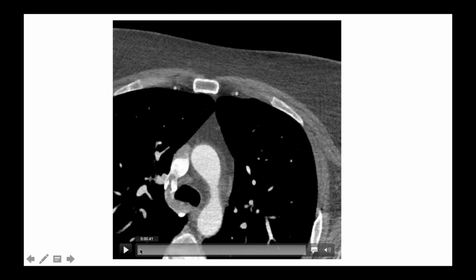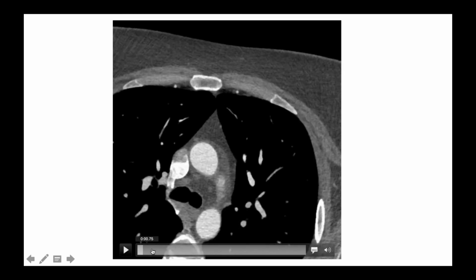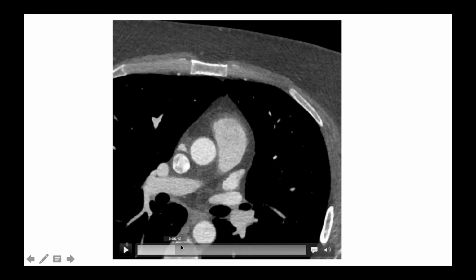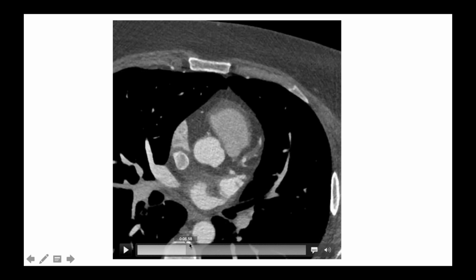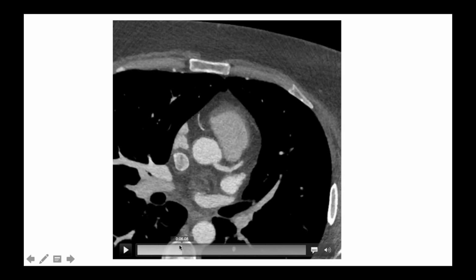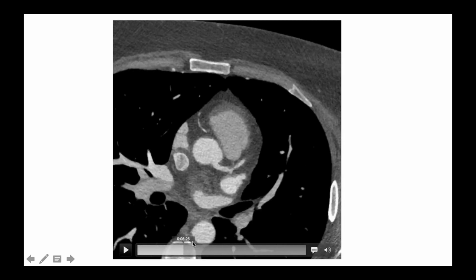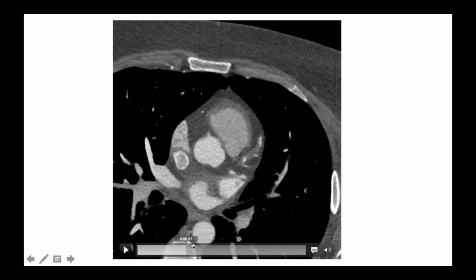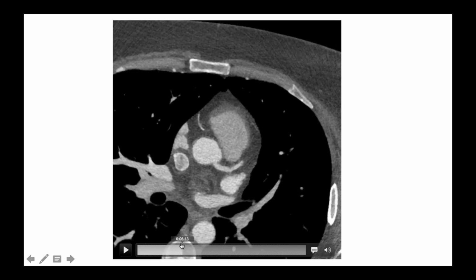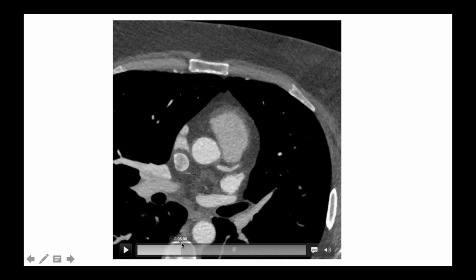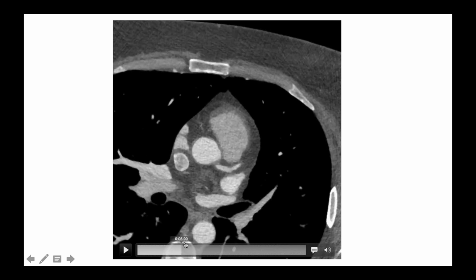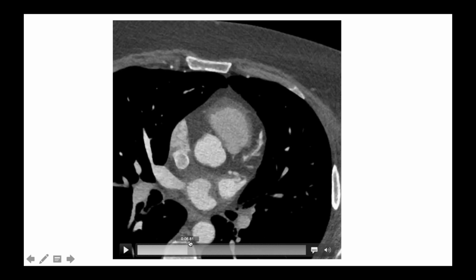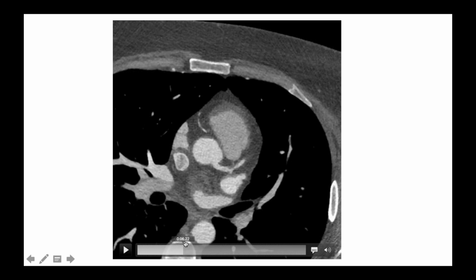I saw it in the RCA and probably in the LAD too. And then the demographics. You mentioned a middle-aged woman. Yeah, she's 39. And it starts in the left main here. We can see an eccentric soft plaque. It's all on one side of the vessel, and it's very, very long.